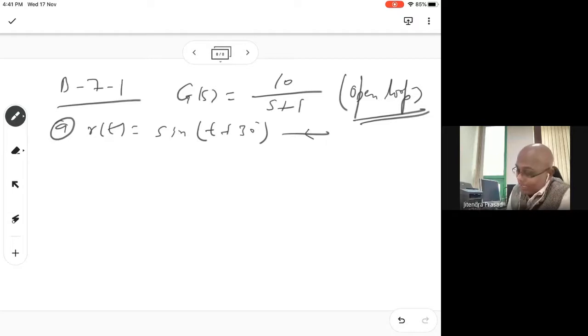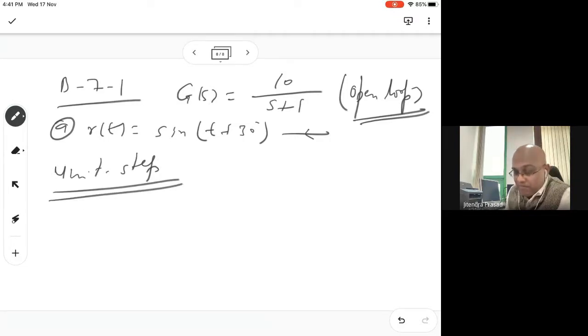So remember, always don't make a mistake. Things may be given for open loop, but you have to predict for the closed loop. It mentions this is unity feedback.